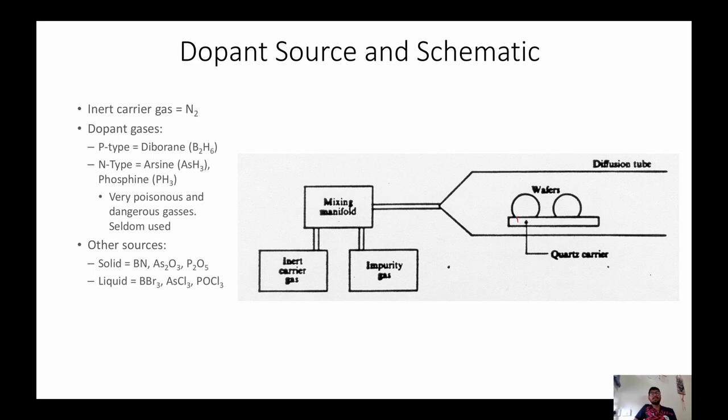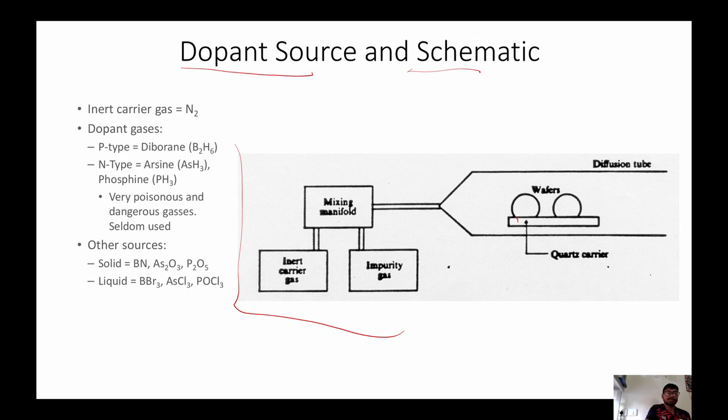What kind of tool can you use? Machine is a different thing, but you can say the tool. So this is the dopant source and a schematic for the diffusion.